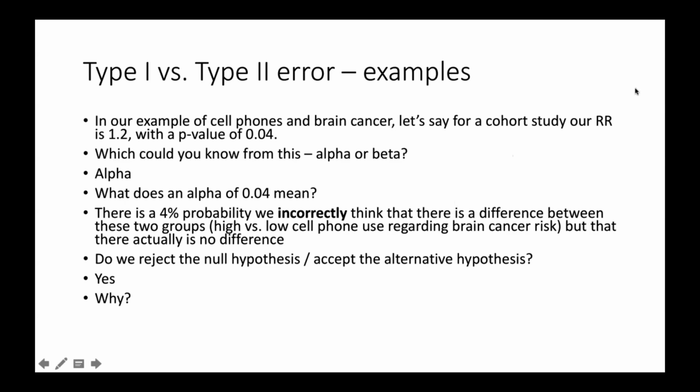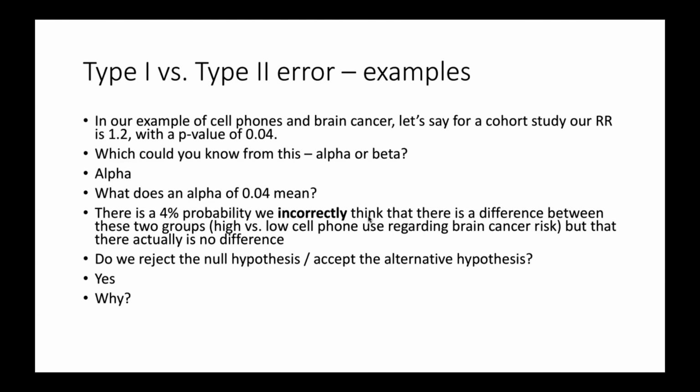Got it. And so why, Patricia, can we reject the null hypothesis and accept the alternative hypothesis in this case, where the relative risk is 1.2 and the p-value is 0.04?